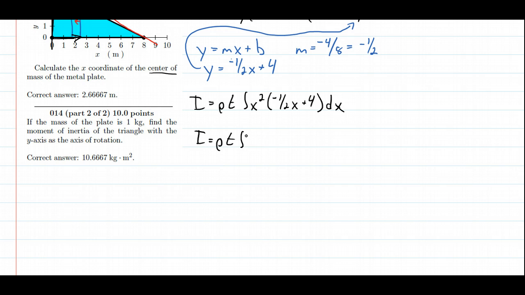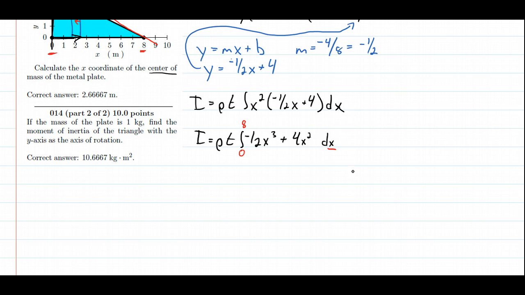So this becomes -1/2 x cubed plus 4x squared dx. Now we need to put limits on our integral so we can go ahead and solve. Since our integral is in terms of x, our limits need to be in terms of x as well. And since our triangle goes from 0 to 8, our limits will be from 0 to 8. And so then we can go ahead and solve the integral.